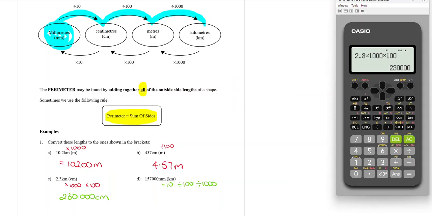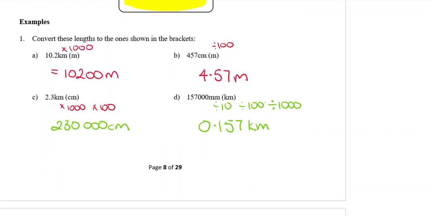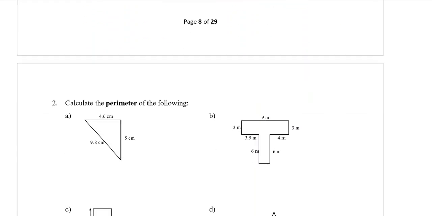We have 157,000, then we're going to divide 10, divide 100, divide 1,000 is 0.157 kilometres. Okay, on to the next part.